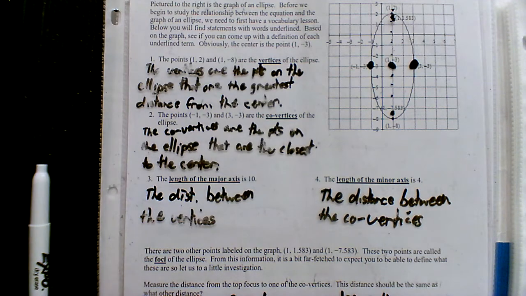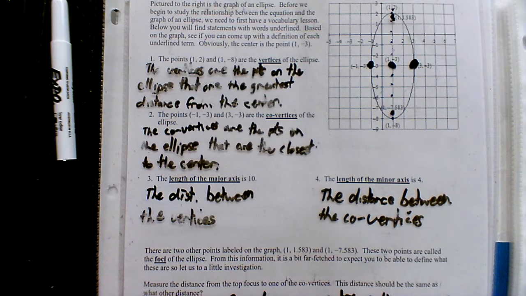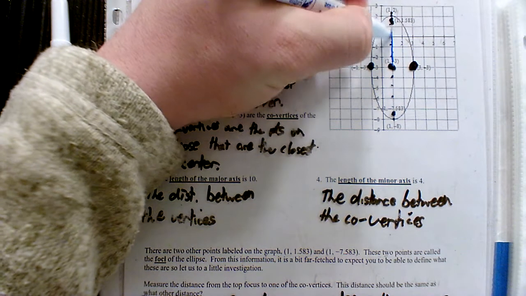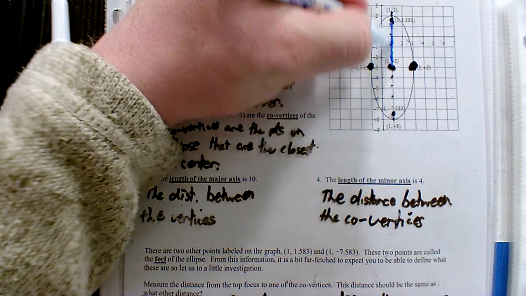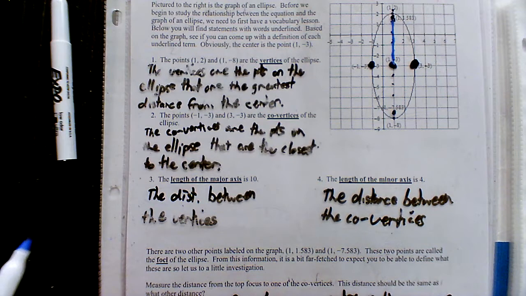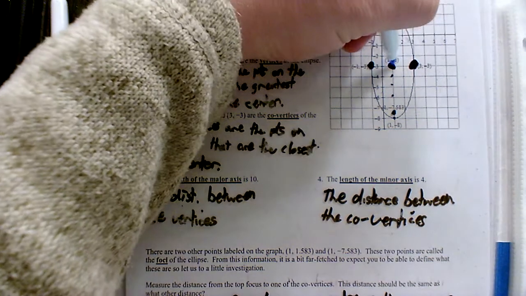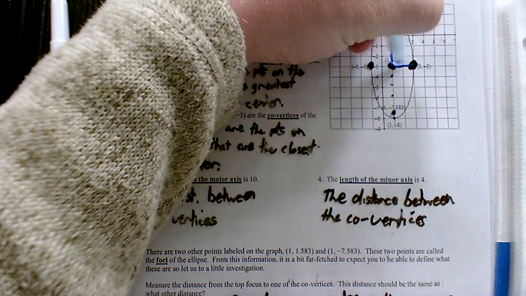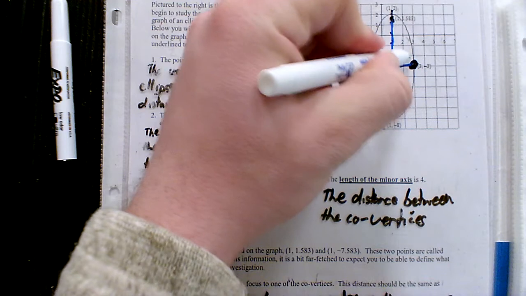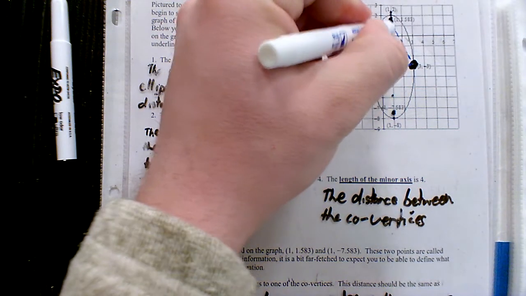So back up here, they want us to go from the center to a focus. So that's the dot almost at the top. The other leg is the distance from the center to a co-vertex. Co-vertex is the closest points. So the hypotenuse would be right here.